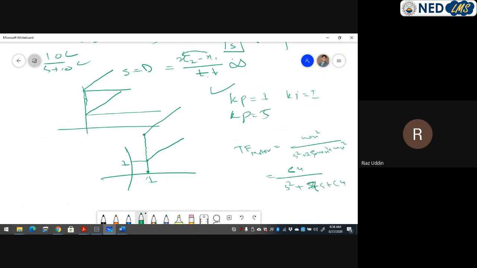And you can do one thing: the time constant in a second order system is usually equal to 1 upon sigma, and sigma is equal to zeta omega n. So you can find the values of zeta and omega n from this transfer function, and you can calculate the time constant, put this value in lab 11, and calculate this.